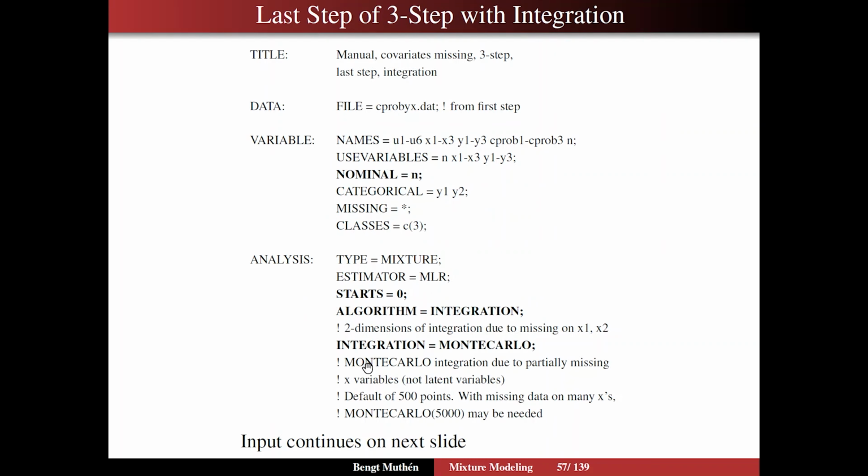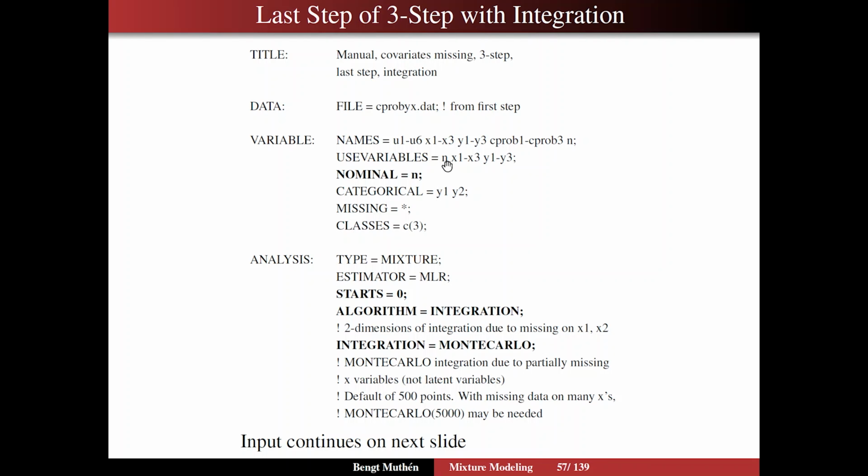Last step of 3-step with integration then, what do we have? Well, the data set we're working with is a cprob_yx.dat with the variables laid out this way, as we saw in the save data. And we're going to use x's and y's, because they're the ones we're interested in of the full model in the last step.